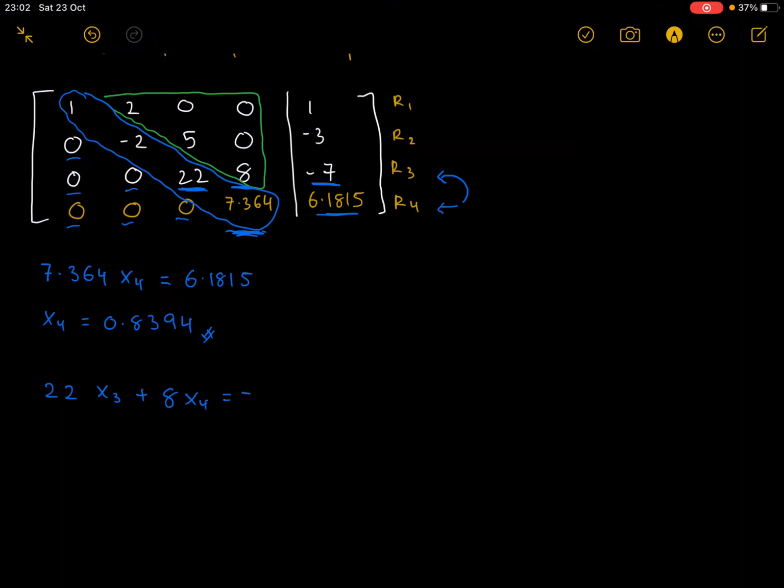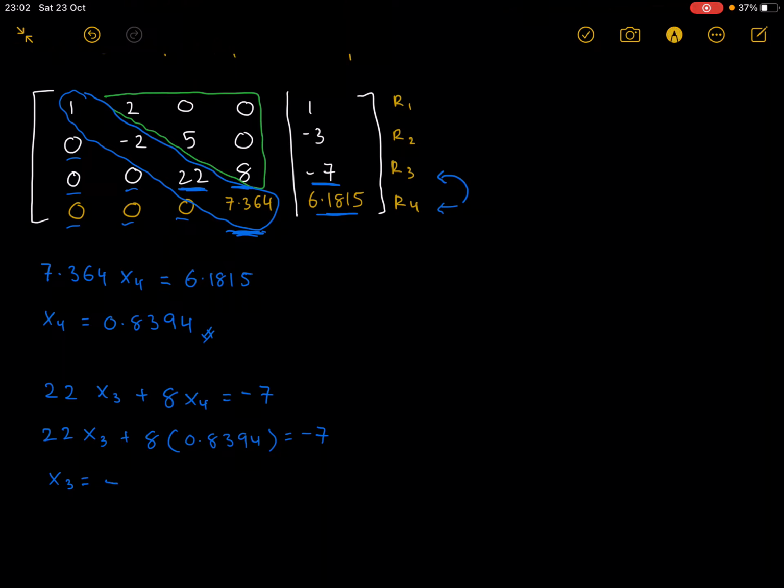Because we already got the value of x4, which is 0.8394, 22x3 plus 8 times 0.8394 equals negative 7. So x3 is equal to negative 7 minus 0.8394 times 8, divided by 22.